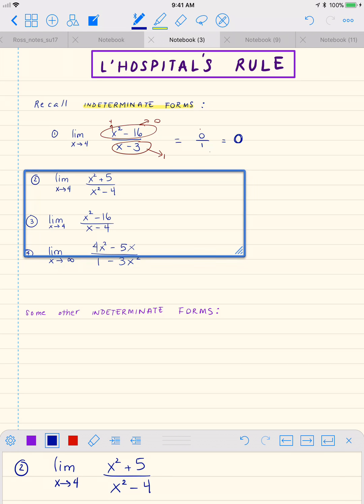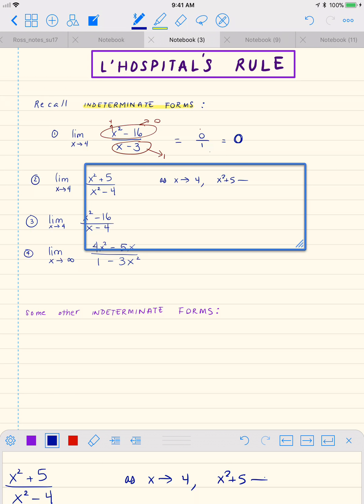So here we've got the limit as x approaches 4, and I'm going to do my same trick. I'm going to say the numerator is continuous, the denominator is continuous. As x goes to 4, x squared plus 5 is going to approach 21.